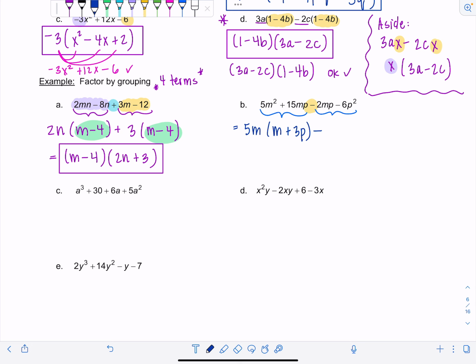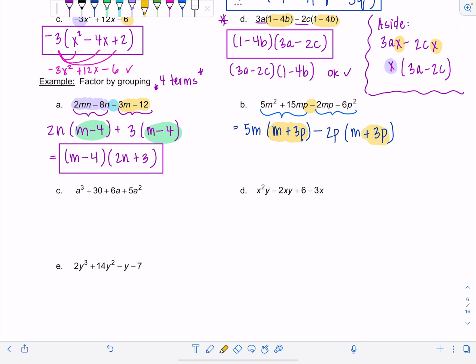And what can I factor out from 2mp and 6p squared? Let's see, I could take out a 2 and I can take out a p. Yes? Okay, but don't forget, I am also taking out a negative. So we're going to have m left over plus 6p squared divided by negative 2p is going to become positive 3p. All right, how are things looking? Are we happy? I'm happy. I hope you are.